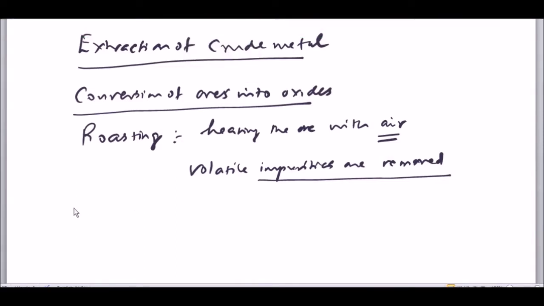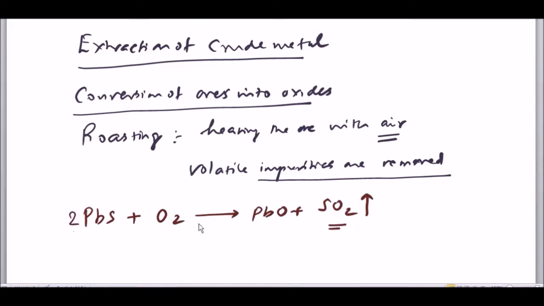If this is the example we are going to take, PbS, the lead sulfide ore on roasting, we can have PbO plus sulfur dioxide. So which is vaporizable or volatile sulfur. It is converted into the gas. So for balancing 2 times, and we are going to write 3 times.